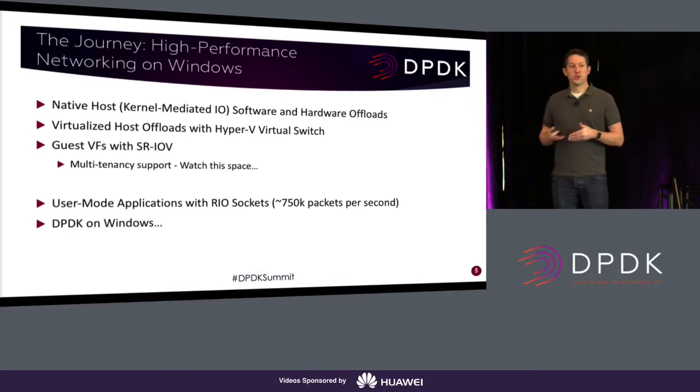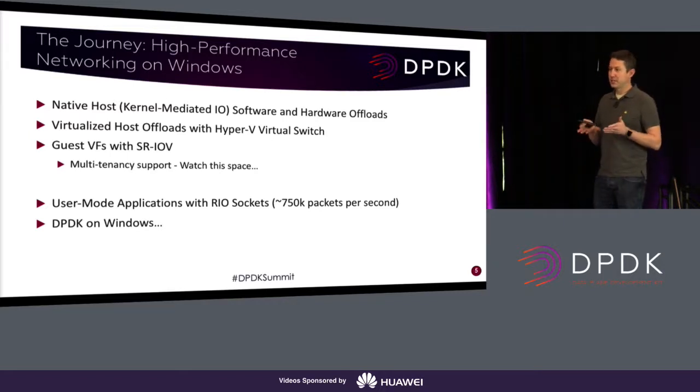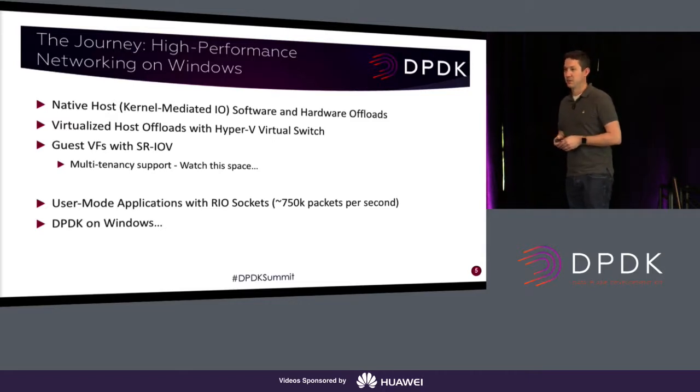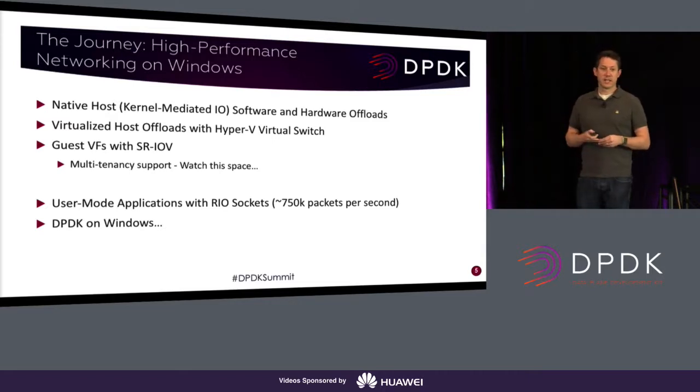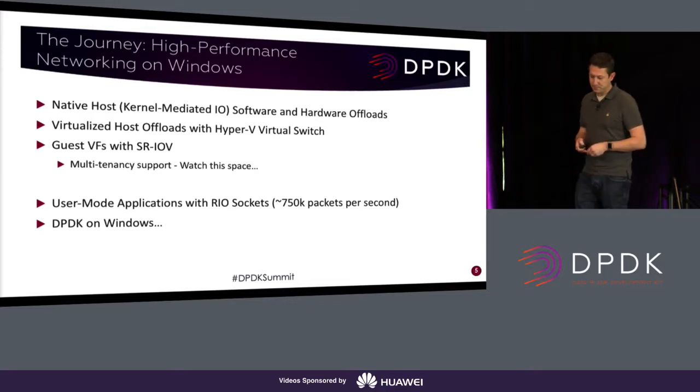The other part of that story is the user mode applications themselves. It's not enough just to accelerate the host or the guest VMs or containers, but the applications also need acceleration. So we have technologies today that have been around for a while that use our WinSock APIs, which is a socket library that Windows supports, doing something called RIO sockets to pre-allocate buffer regions and to get a little bit more efficiency and capacity out of those applications that require high throughput.